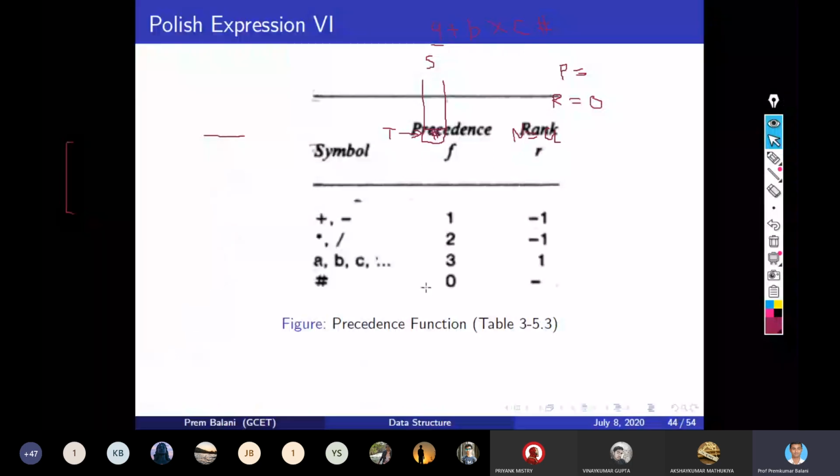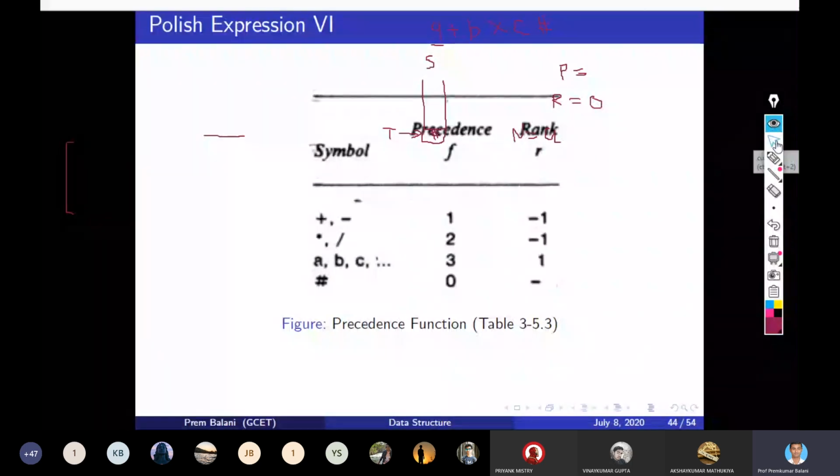See here, f of hash equals 0, and f of operands is equal to 3, right?